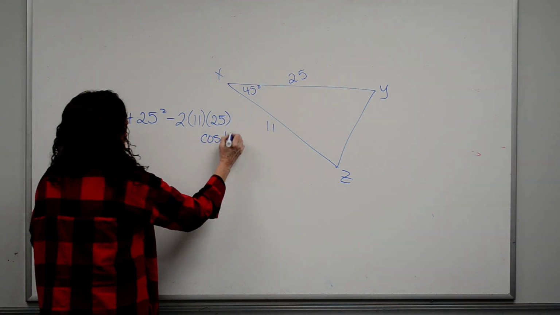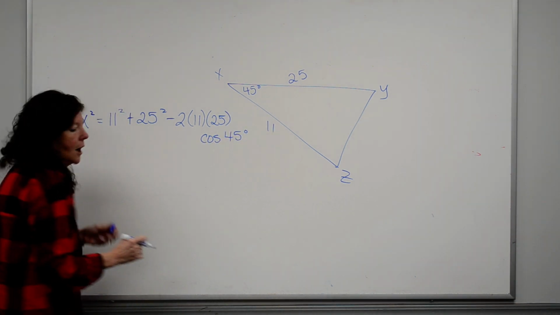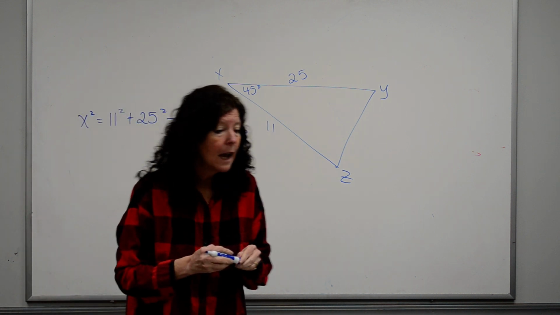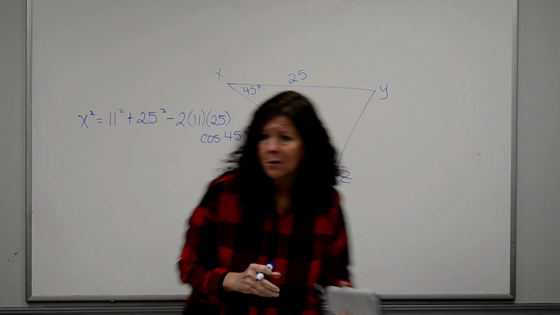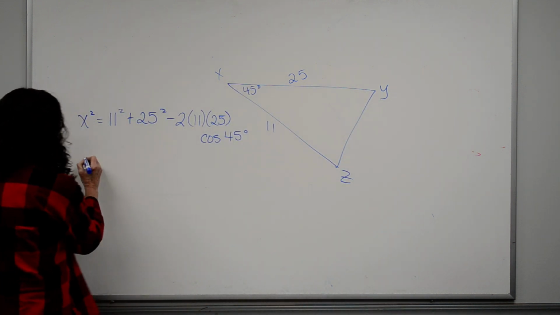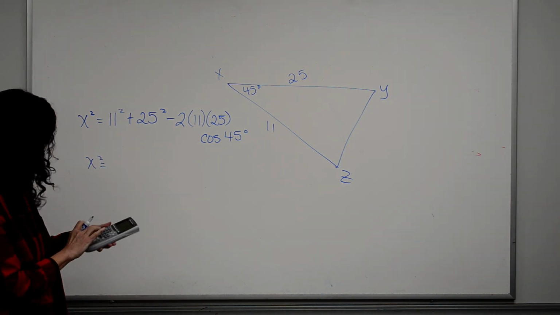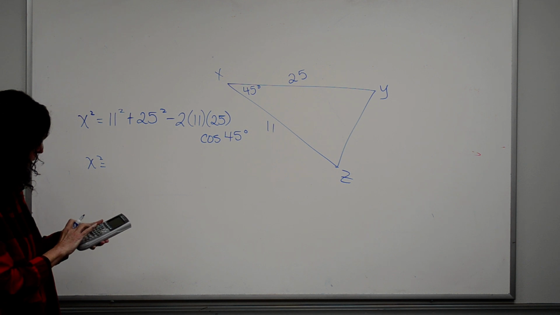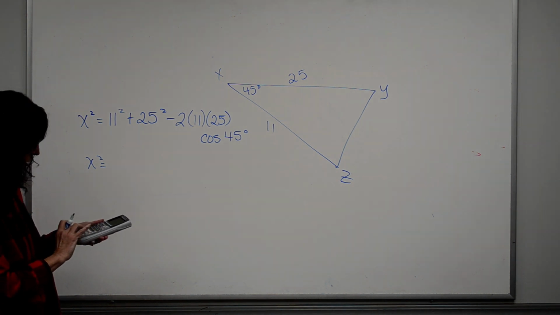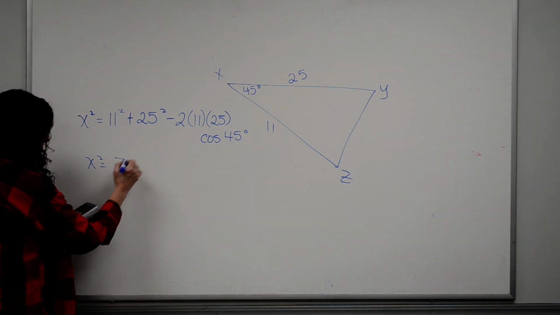Okay. All right. Don't forget though, once you get an answer there, that you have to take the square root of it, because that's what x squared is equal to. So 11 squared plus 25 squared minus parenthesis 2 times 11 times 25 times the cosine of 45, and that's going to give me like this big old number.